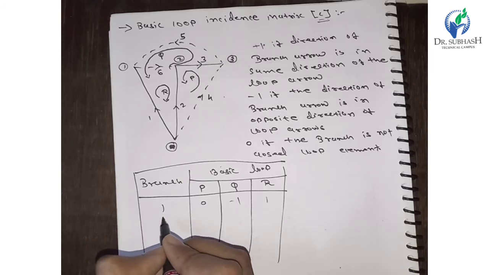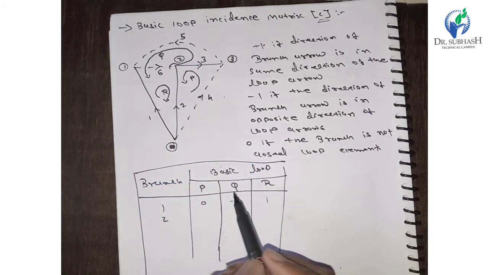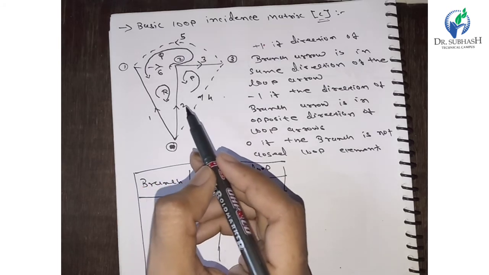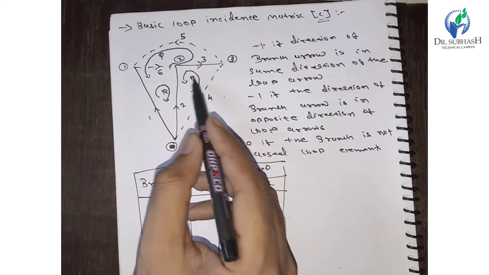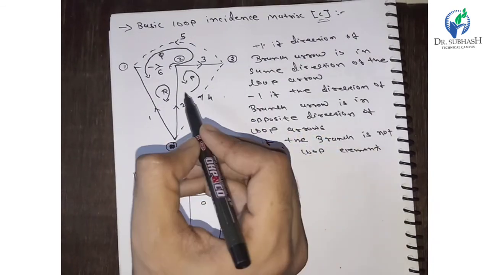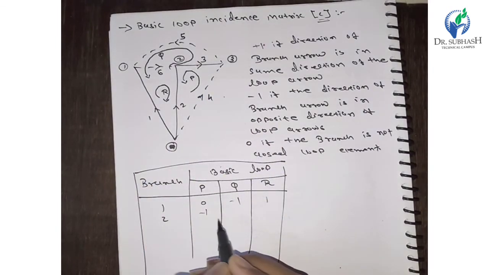When we take branch 2, in basic loop P it is in reverse direction with them. Branch 2 is in this direction, and basic loop P is in reverse direction, so the output is -1.